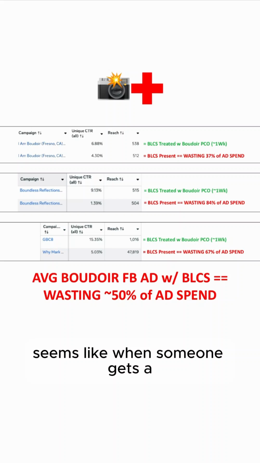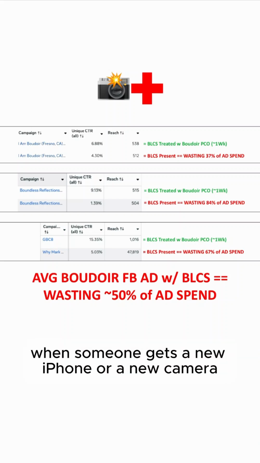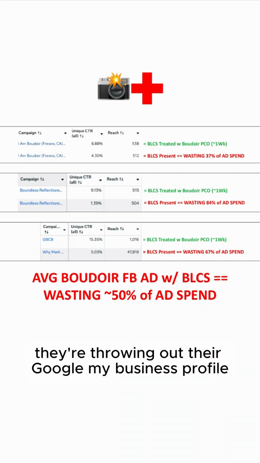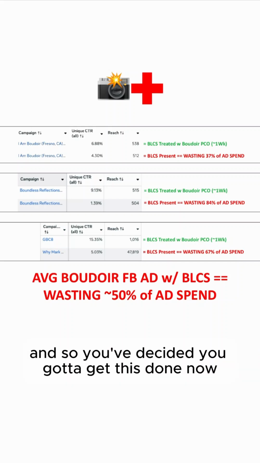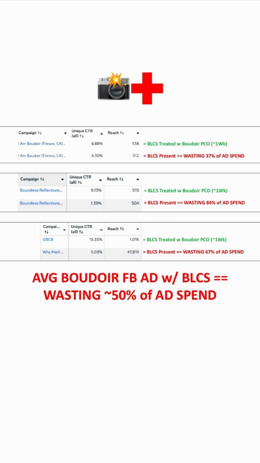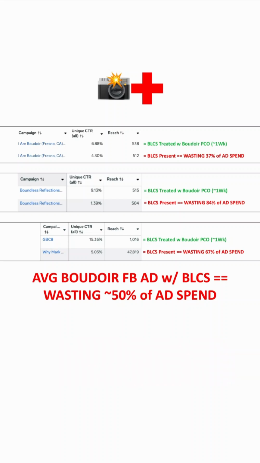Seems like when someone gets a new iPhone or a new camera, they're throwing up their Google My Business profile. And so you've decided you've got to get this done now, pull this profit out now and become more efficient now, so you can get on the way to becoming number one boudoir photographer in your city.